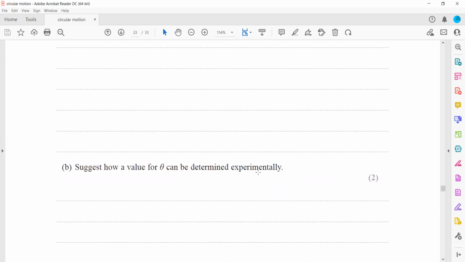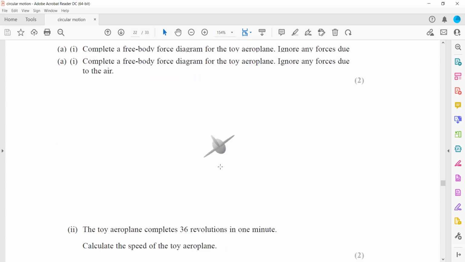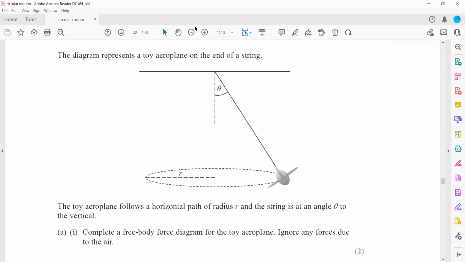If we want to determine the value of theta experimentally, we have this radius, for example. What we can use is the formula s equals r theta.